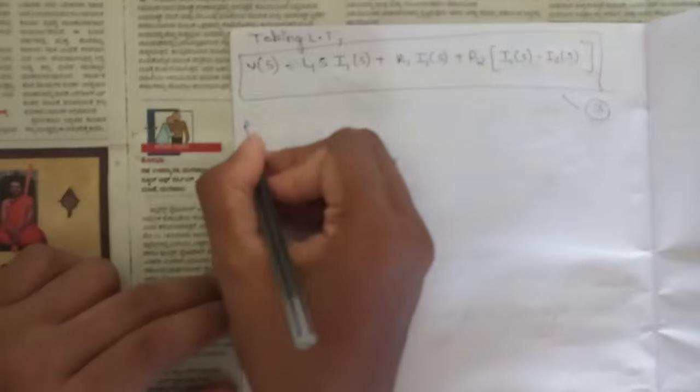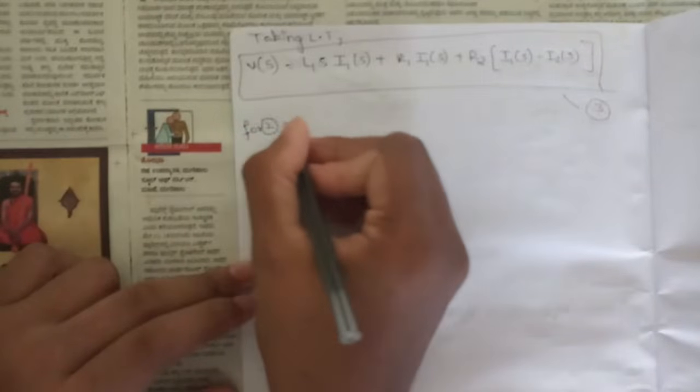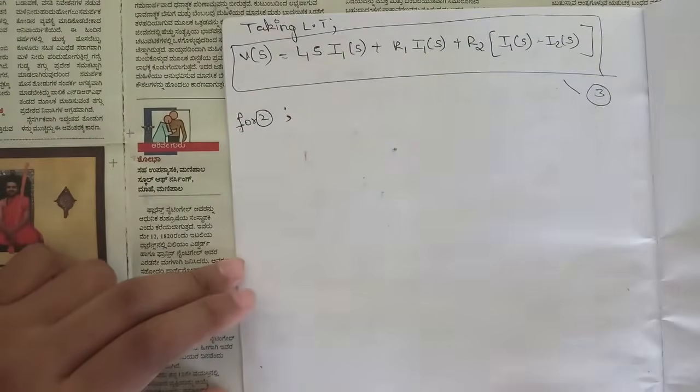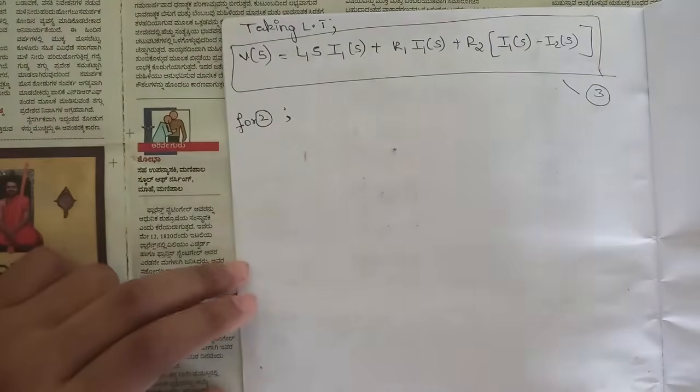So now we have one more equation, right, for equation 2, okay? So now consider that equation 2 which we have solved and kept and named as equation 2.